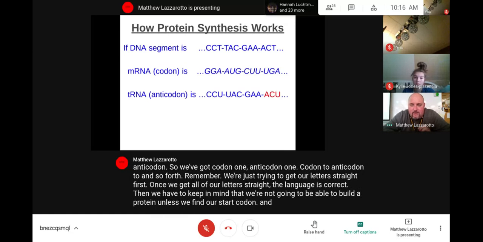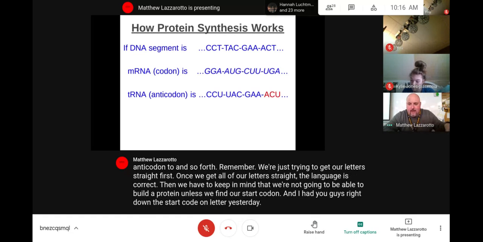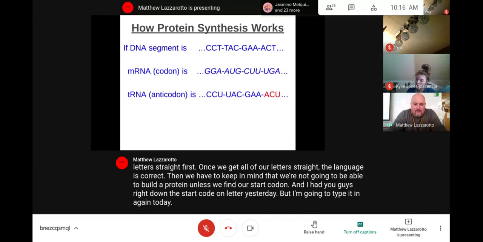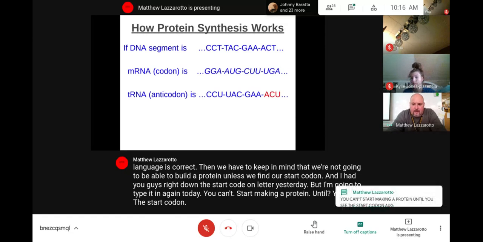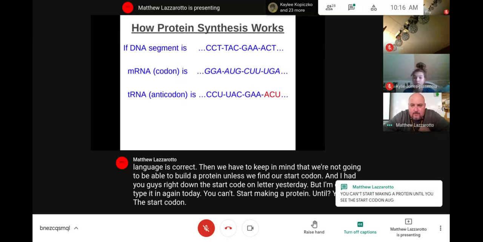And I had you guys write down the start codon letter yesterday, but I'm going to type it in again today. You can't start making a protein until you see the start codon AUG.